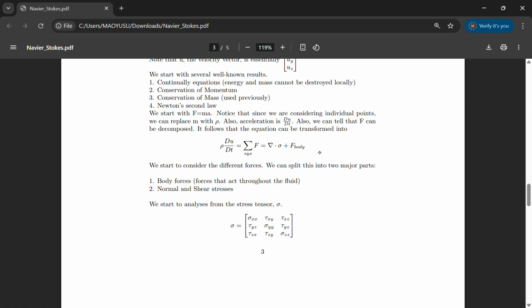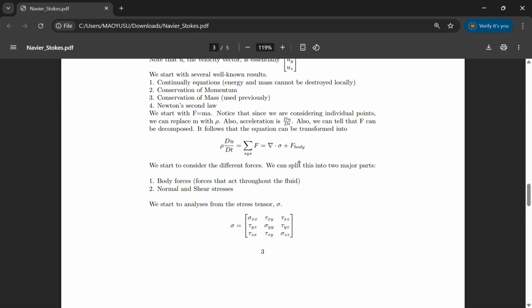Okay, so for us, this equation can be transformed into this. Because m we just replace it with rho. And du over dt is the acceleration, so this is ma, so this one will be F, but we're considering multiple forces, so sigma F, and this one will be the normal and shear stresses.